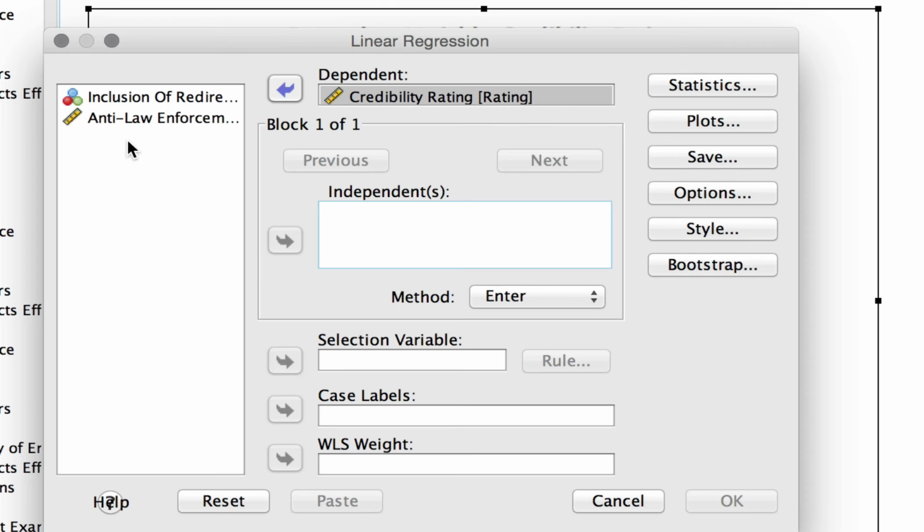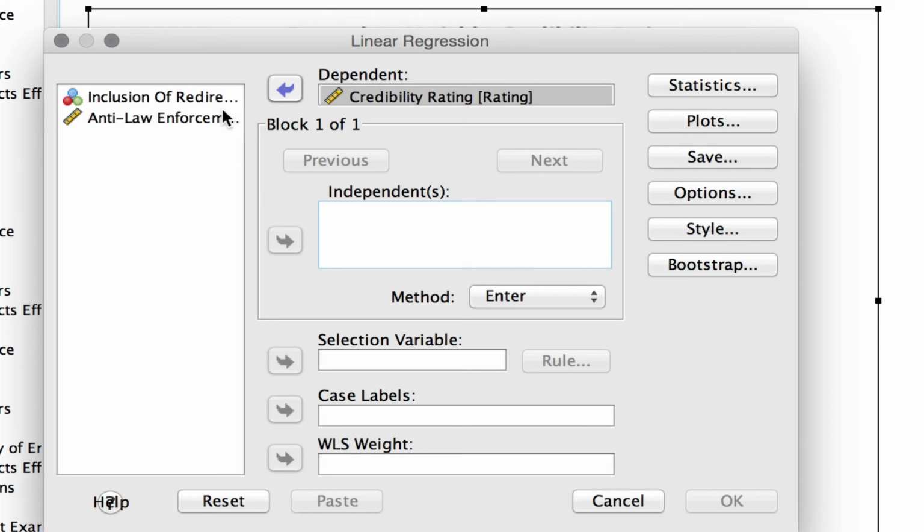As we'll see here, the significance test is going to be exactly the same as if we put them both in at one time, but I think it makes more conceptual sense to say what's the change in the amount of variance we can explain if we add our experimental effect in after the covariate.